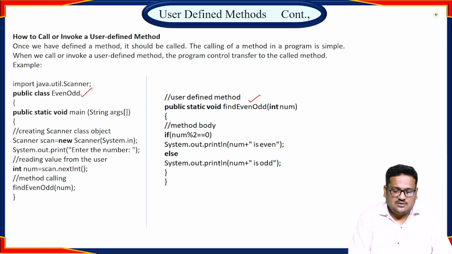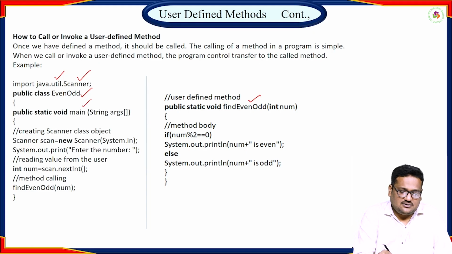If you observe this program, I have imported a package called util package, and I have taken methods from the Scanner class here. To invoke the methods of any class, we have to create the object. So this is the main method, and inside main, I have created an object called scan for this Scanner class.